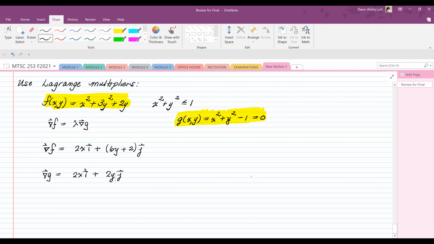So before you get, 2x has to equal 2 times lambda x, and then you get 6y plus 2 has to equal 2 times lambda y.